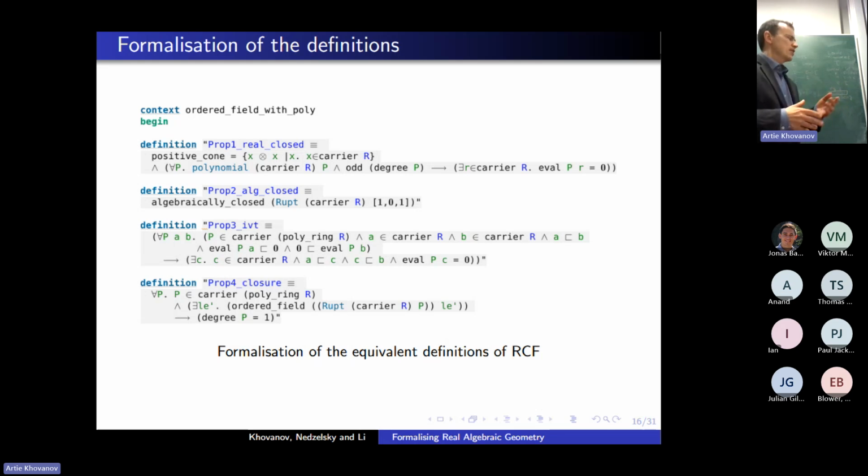Basically, it means that any algebraic extension which can be ordered should coincide with the field R. And the biggest problem is to prove the implication from first to second. All the others are easy to formalize.